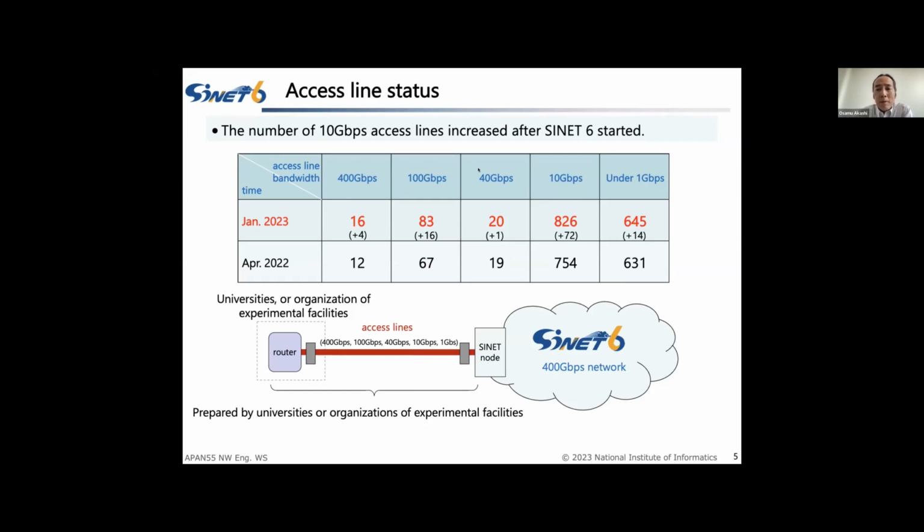SINET5, namely April 2022, is shown in the lower numbers, and the red numbers show the number of SINET6 access lines. As you can see, we can observe a four-line increase in 400 Gbps and a 72-line increase in 10 Gbps. So we can observe the increase of bandwidth as far as the access lines.